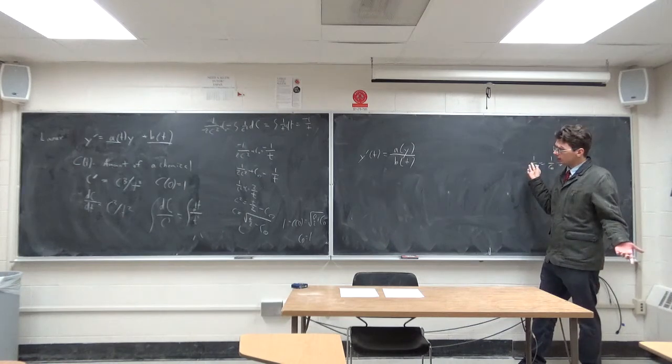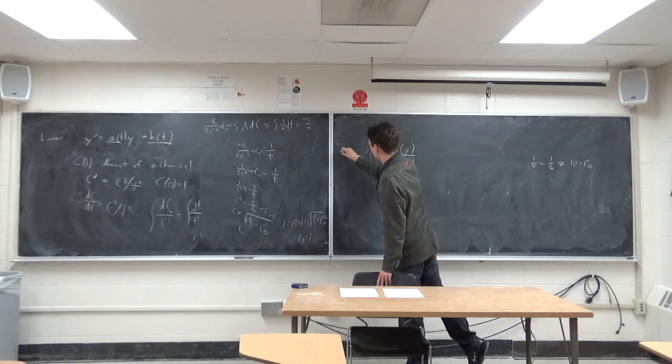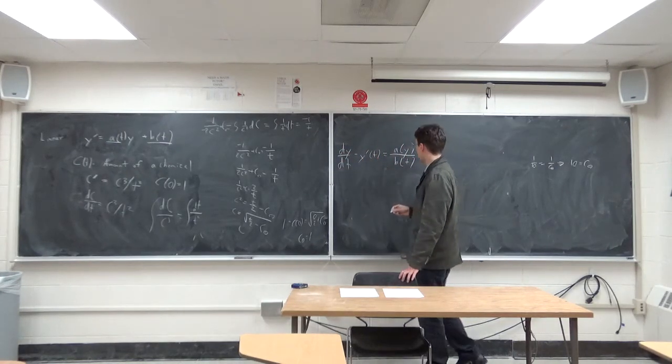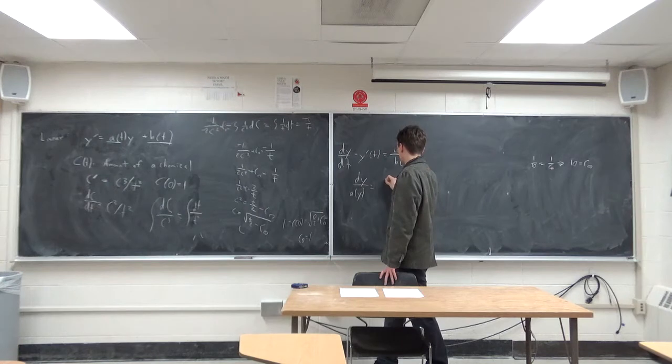What do we do with this? Again, you can think of this as dy dt. We cut this up, so we end up with dy over a of y equals dt over b of t.